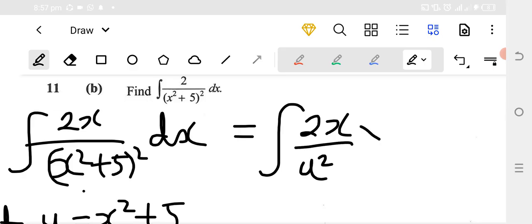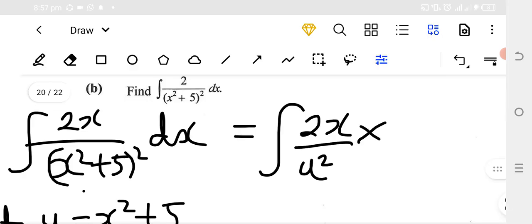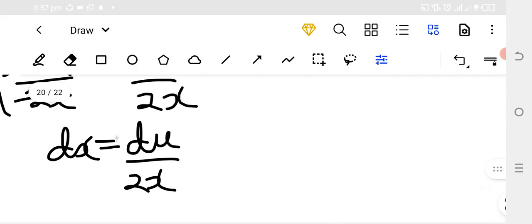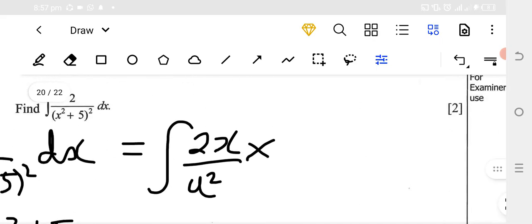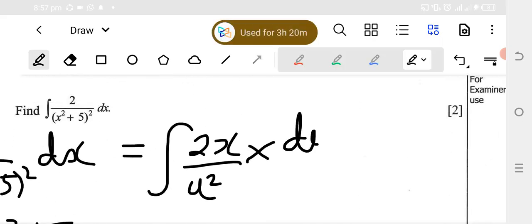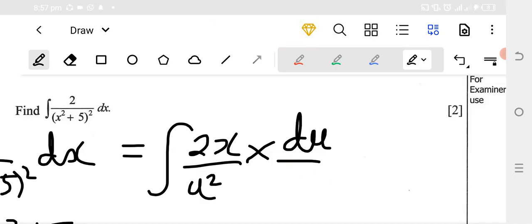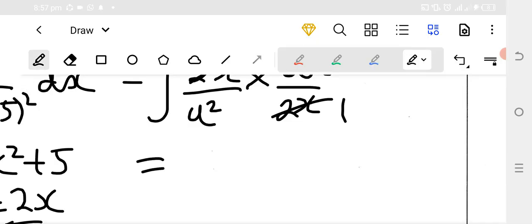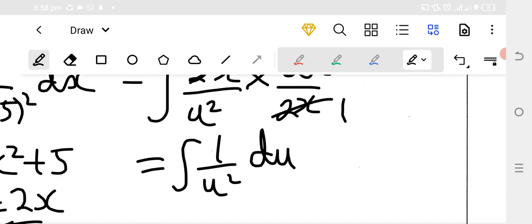Instead of writing dx, you're going to write what you said. You said dx is equal to du over 2x. So you multiply by du over 2x. The 2x would have cancelled to give you 1. Then you would have remained with the integral of 1 over u squared du.